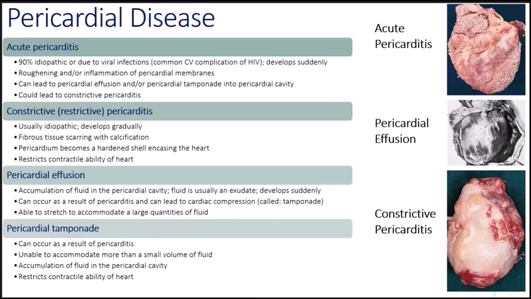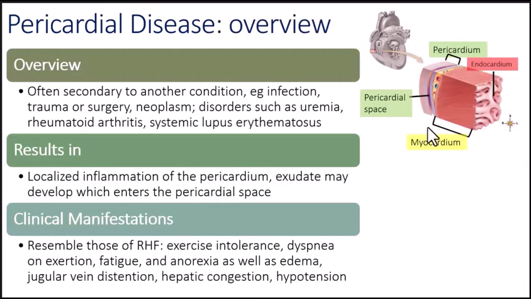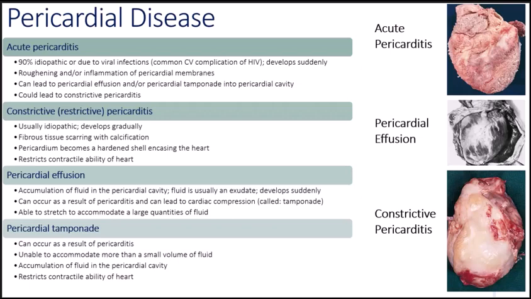So in other words, if the fluid in that pericardial space increased gradually, the heart may be able to adapt. The pericardium can adapt to that increase in fluid. But if it happens quickly, if that effusion happens very fast, it can't adapt quick enough, and it can fill up so much that it actually compresses the heart.